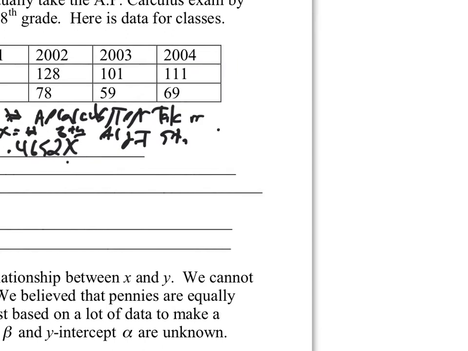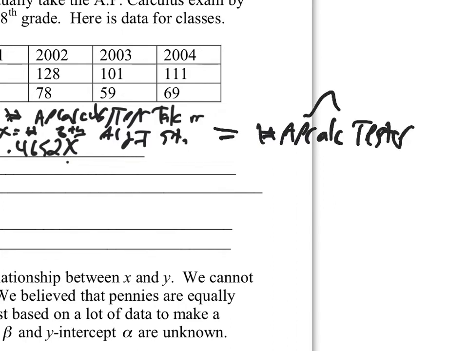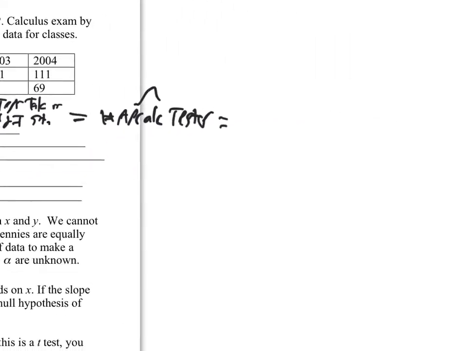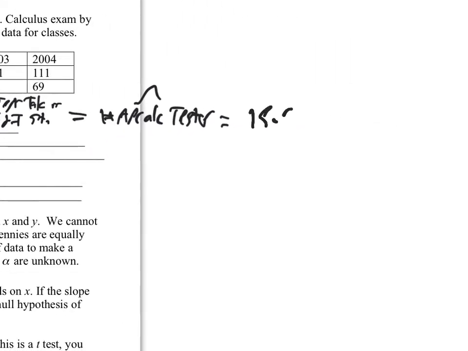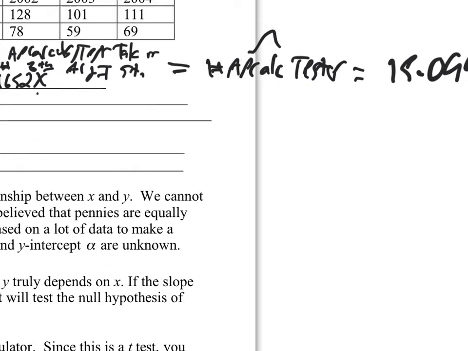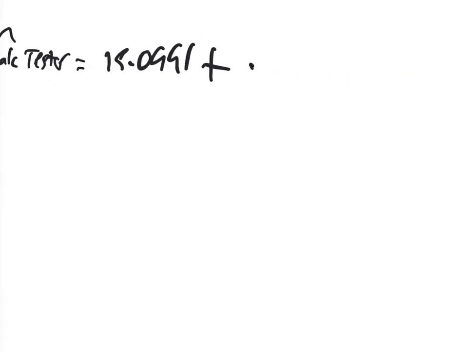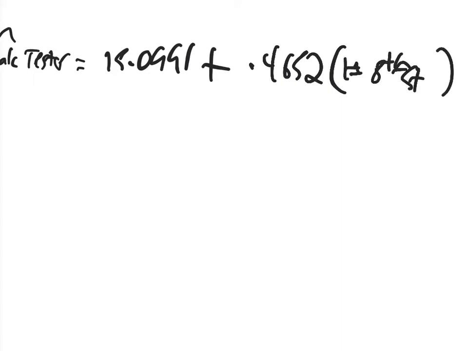If you wanted to, you could write it out like this: number of AP Calc testers, with a little hat, equals 15.0991 plus 0.4652 times the number of 8th grade students in Algebra 1.